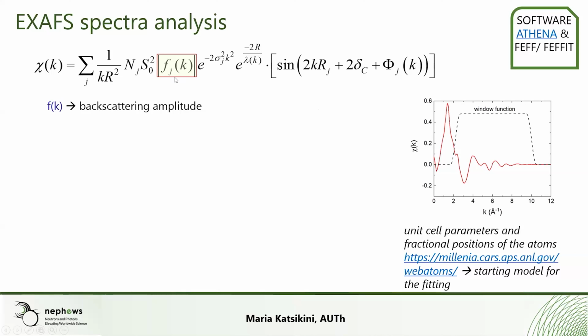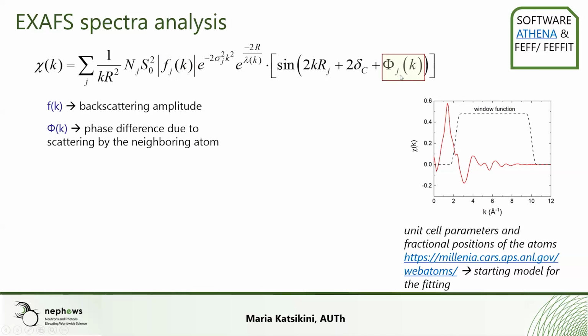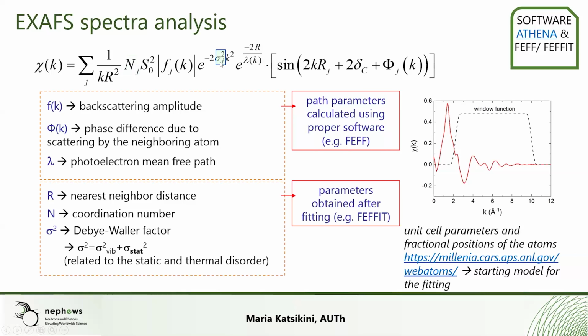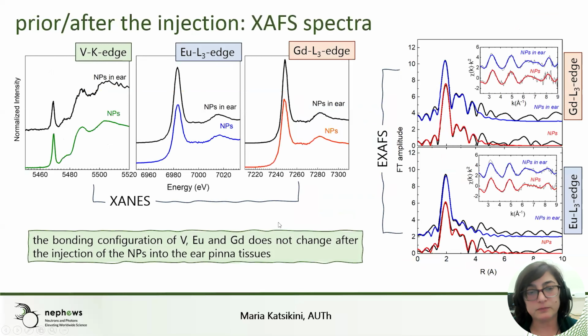This is the backscattering amplitude, the phase difference due to scattering by the neighboring atom, and the photoelectron mean free path, whereas other parameters like the nearest neighbor distance, the coordination number, and the Debye-Waller factor, which accounts for the static and thermal disorder, are obtained by the fitting.